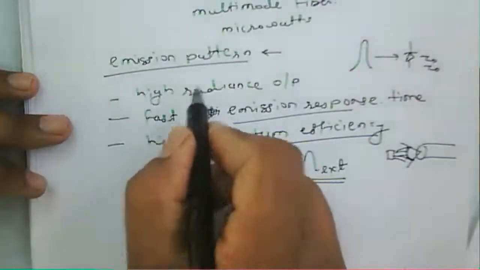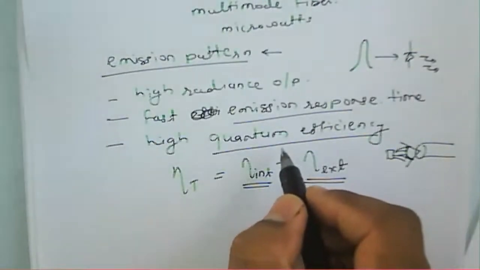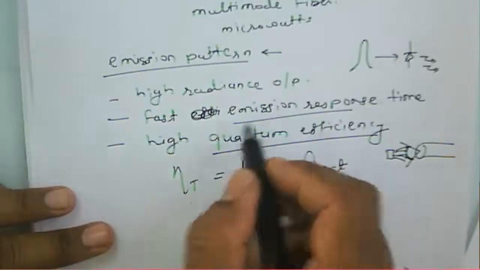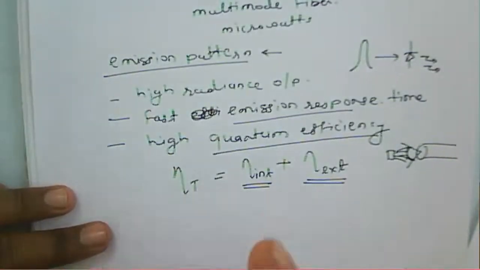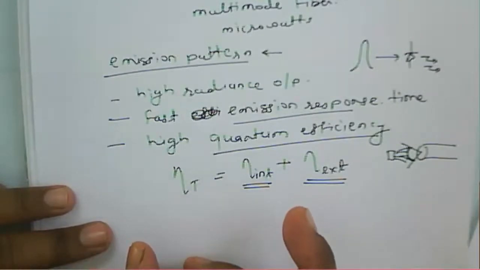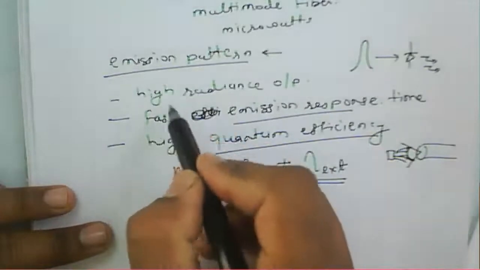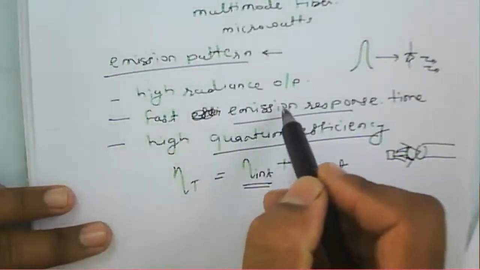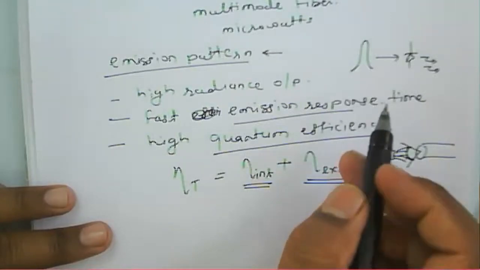Then to achieve this high radiance value or high quantum efficiency, what do we require? We require a junction of this particular material that produces the high radiance output and makes the emission response fast.